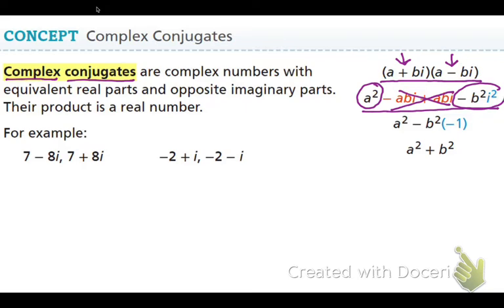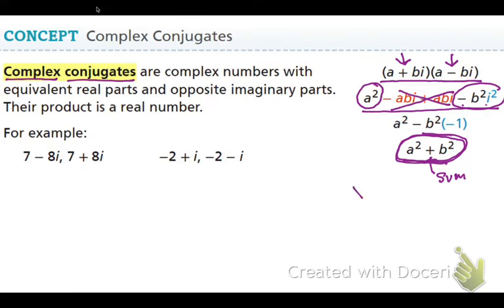Well, what is i squared equal to? Negative 1. So a negative 1 times a negative b squared would be a positive b squared. So now I don't have the difference of squares. I have the sum of squares.